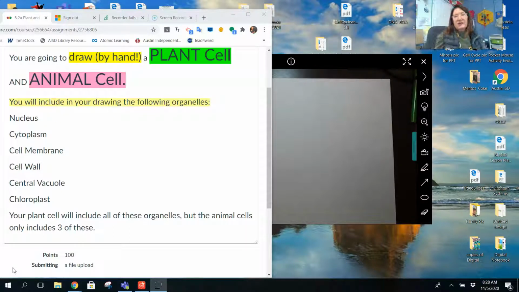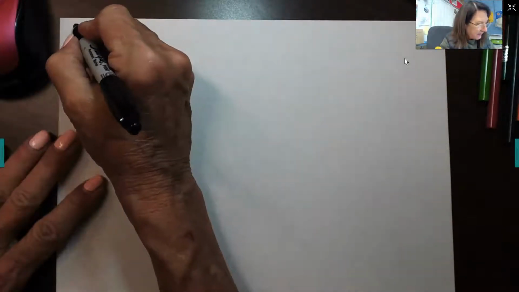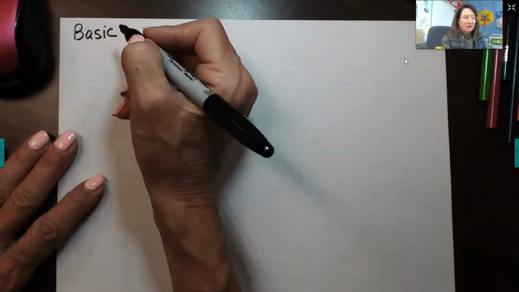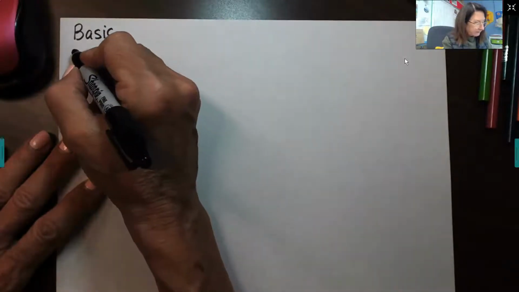So I'm going to be doing this step by step with you. So you can grab paper and pencils or colored pencils, and let's go. So we have here my paper, and I'm going to first draw a basic, very basic animal cell.